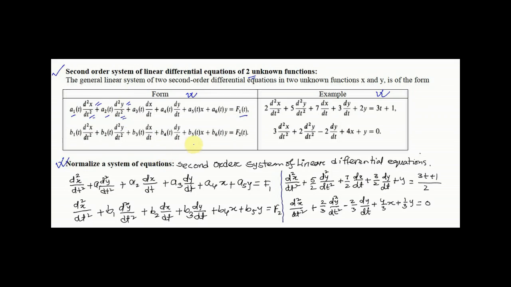So what is the normal form of the system? For a second order system of linear differential equations, the normal form is given here. For the normal form, the coefficient of the highest order derivative term is equal to 1, and this is equal to 1.